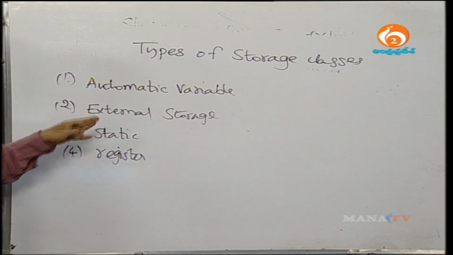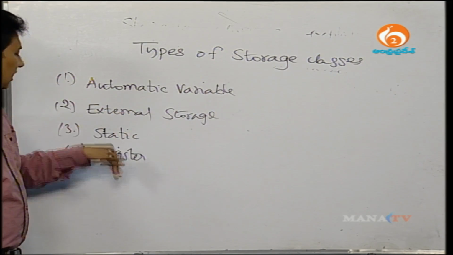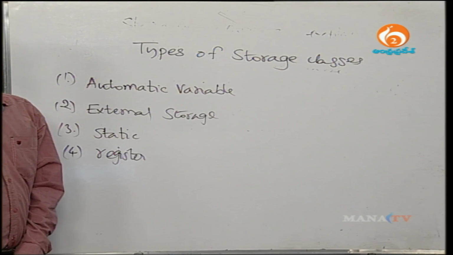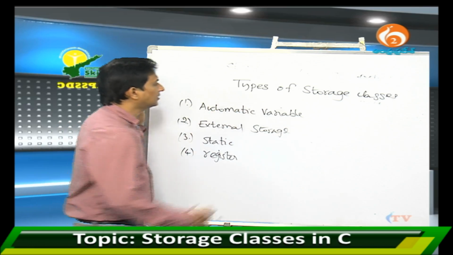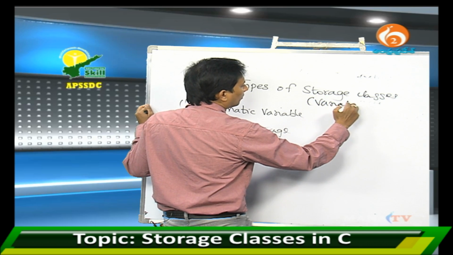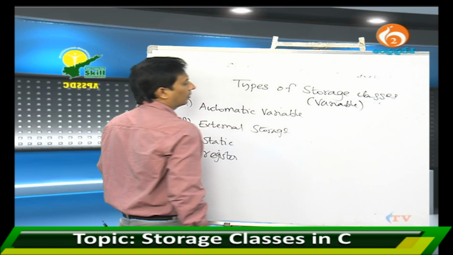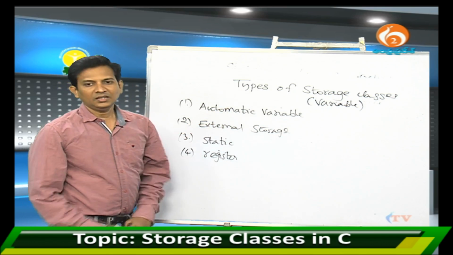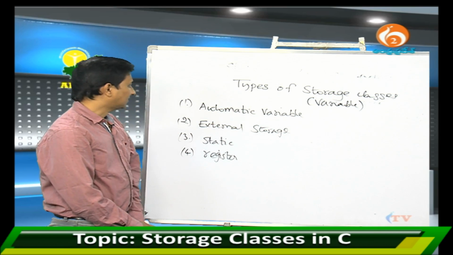Automatic, external or global variable, static or register. Here storage classes are nothing but variables. These are the 4 types of storage classes available.